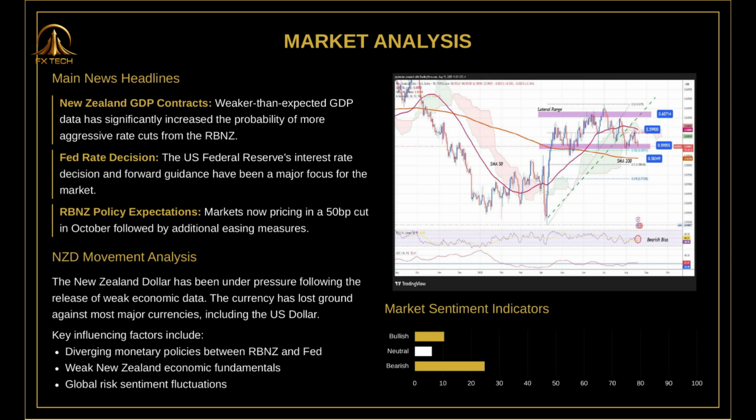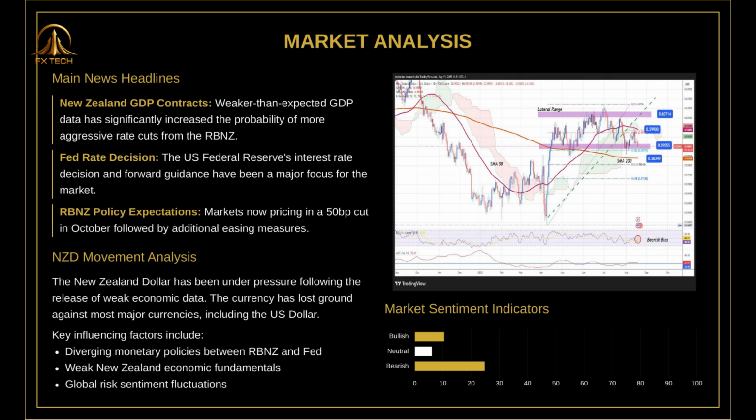The Fed's policy trajectory will be crucial in determining the US dollar's strength in the coming weeks and months. Another key development has been the evolving expectations around RBNZ policy. With economic data continuing to disappoint, markets are now anticipating a more aggressive easing cycle with multiple rate cuts projected through the end of 2025 and into 2026.